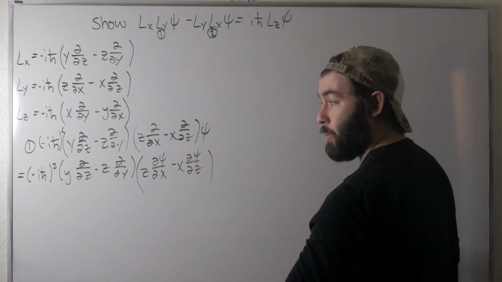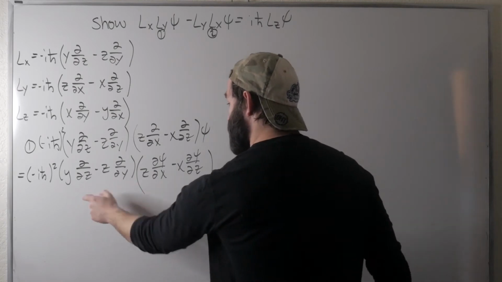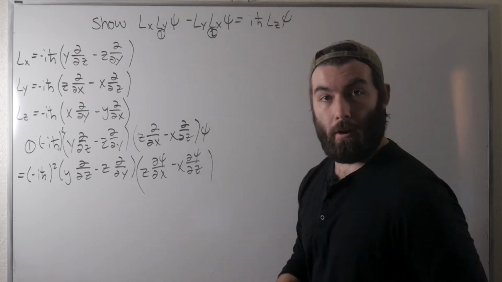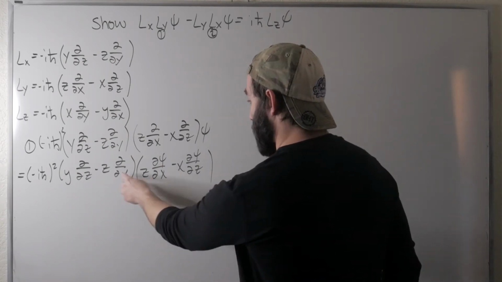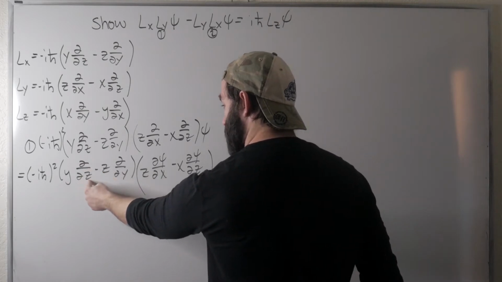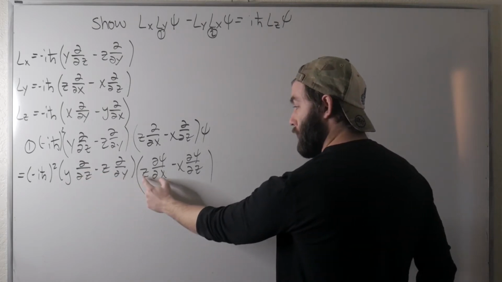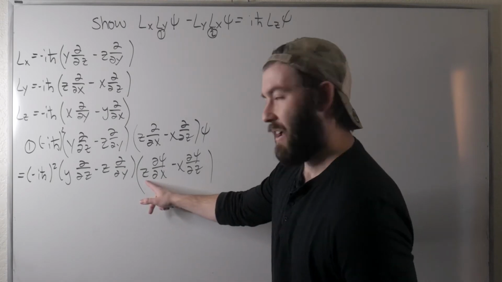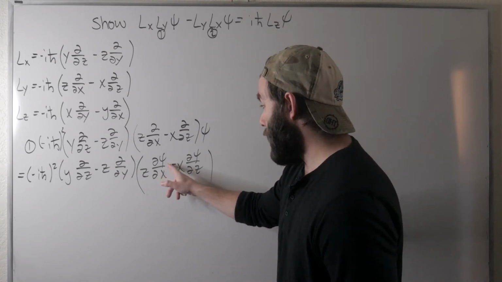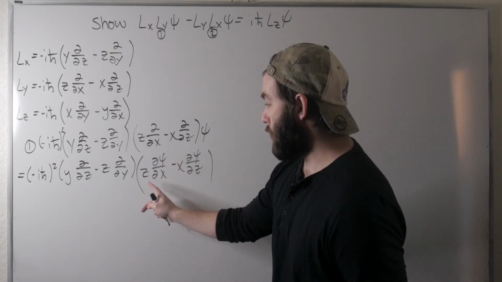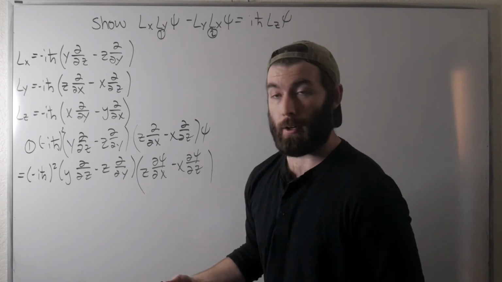Okay? And now we're doing it again. Now we're going to take derivatives of this. Now this is where you have to be a bit careful, because the derivative with respect to z that's being distributed to this term, but z definitely depends on z, and the wave function depends on z. So in order to take this derivative, we have to use product rule.